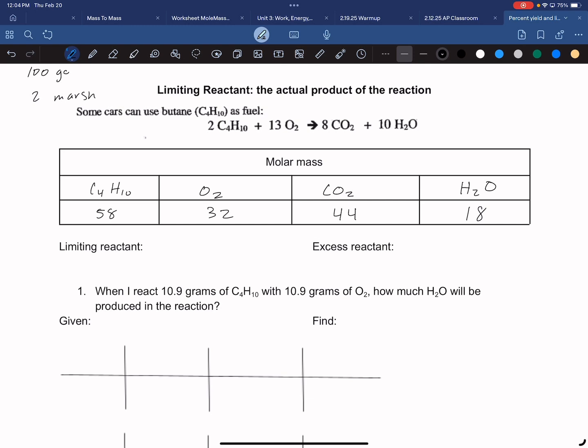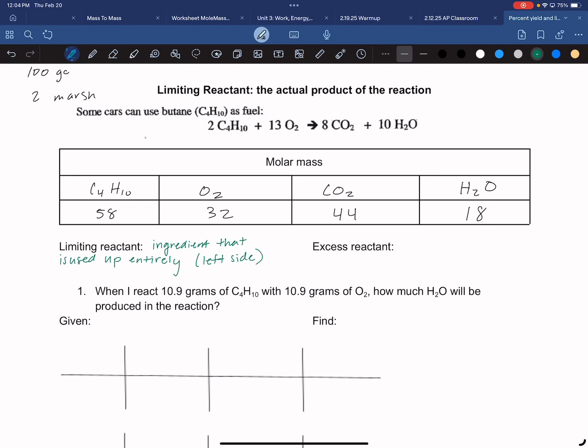So let's go ahead and write down the definition of limiting reactant. This is going to be the ingredient that is used up entirely. Because it's an ingredient, that means it's a reactant, which means it's going to be on the left side of the reaction.